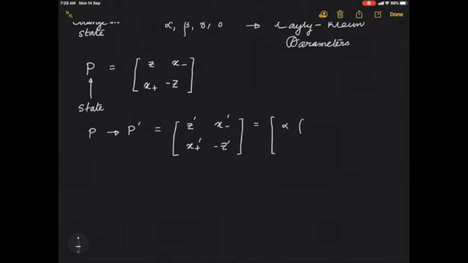And this will be Q, which is alpha, beta, gamma, delta, P, which is Z, X minus, X plus, minus Z, and then Q dagger, which is alpha star, delta star, beta star, and gamma star.